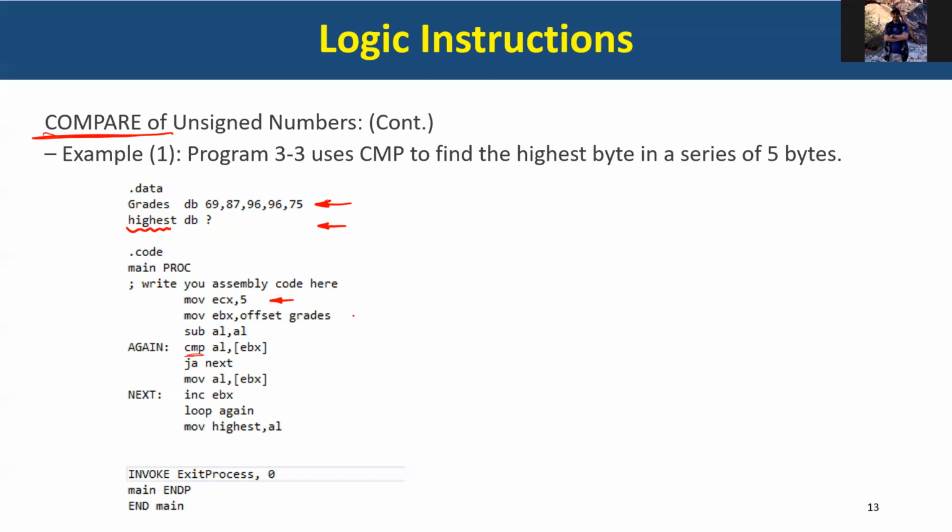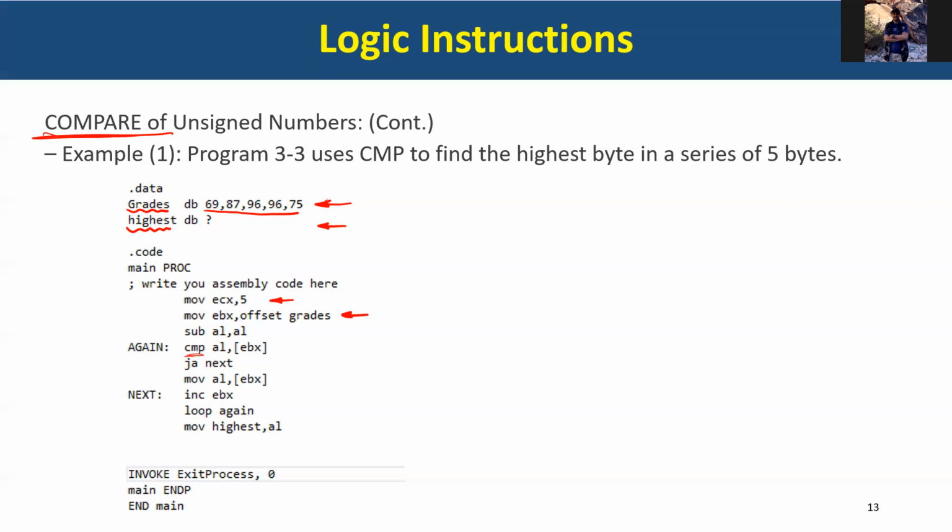Then we're gonna point to the grades array that has the five numbers, and we're gonna put this address in EBX. To deal with the array or the memory, we have to use either EBX or ESI, as we see many times before.